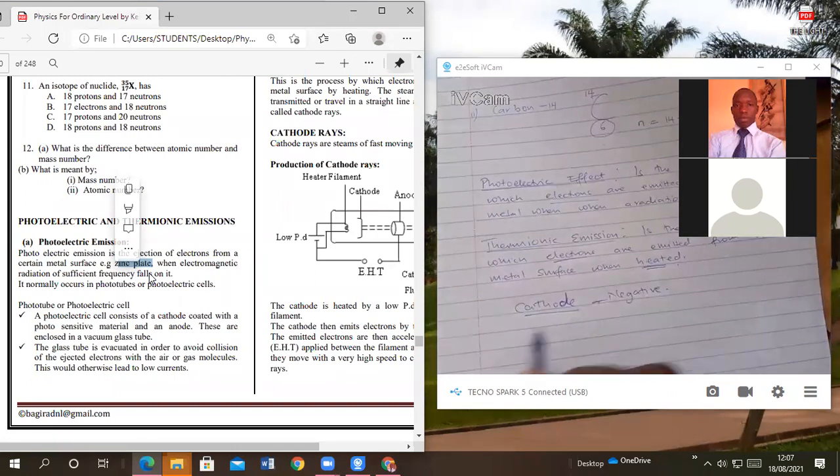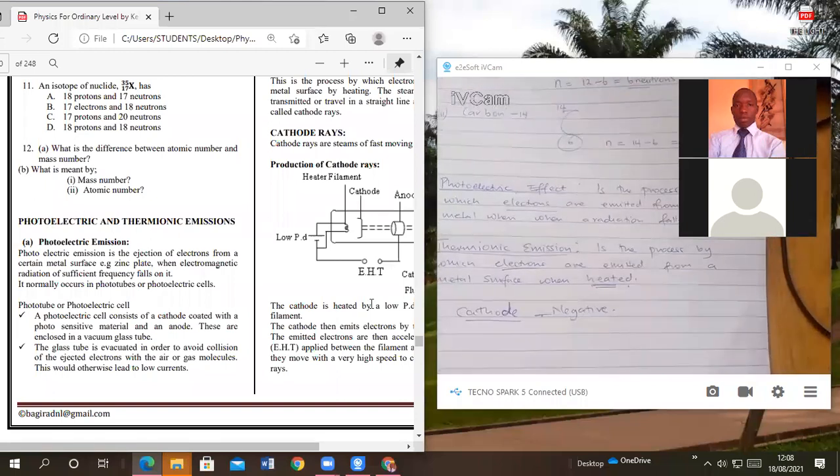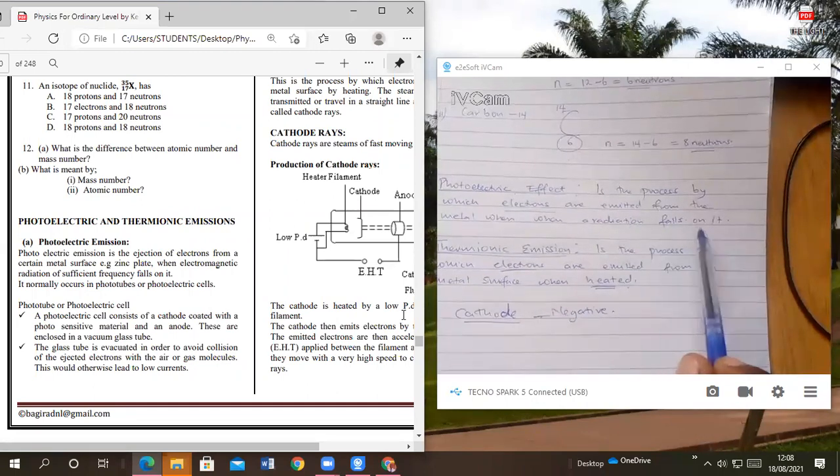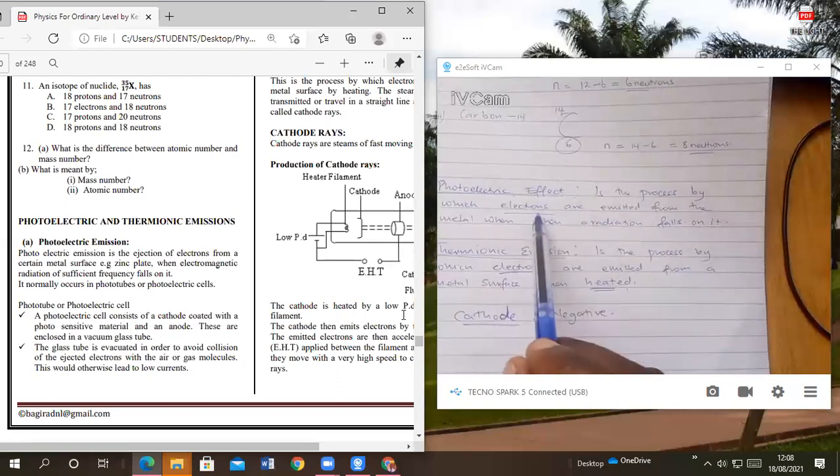So the zinc plate is normally used as the negative plate because it is good at emitting electrons because of its physical properties. Also, in photoelectric emission, there must be a radiation that falls on the metal for electrons to be emitted.